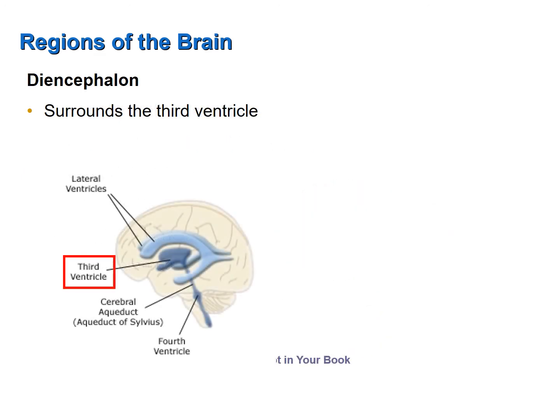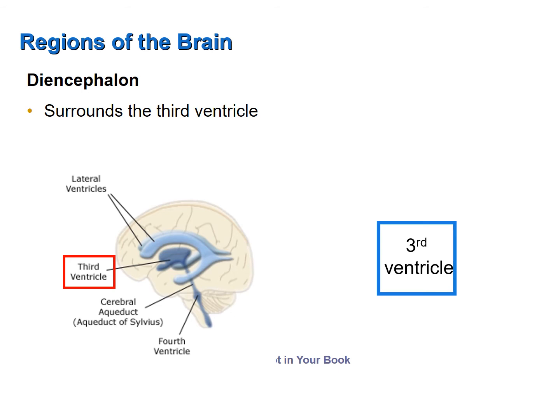It is often difficult to really visualize the components of the diencephalon, so let's relate the different components of the diencephalon to the third ventricle, since the diencephalon surrounds the third ventricle. So here we're looking at a sagittal view of the brain. Here's the third ventricle.